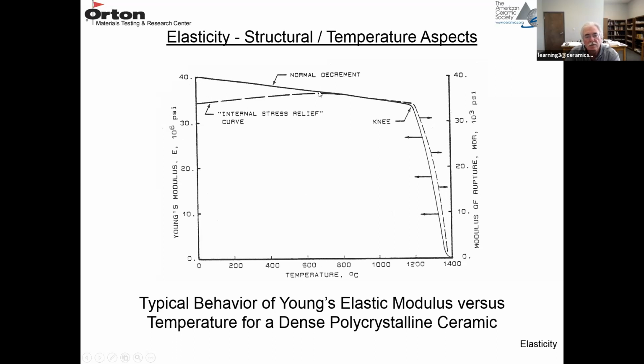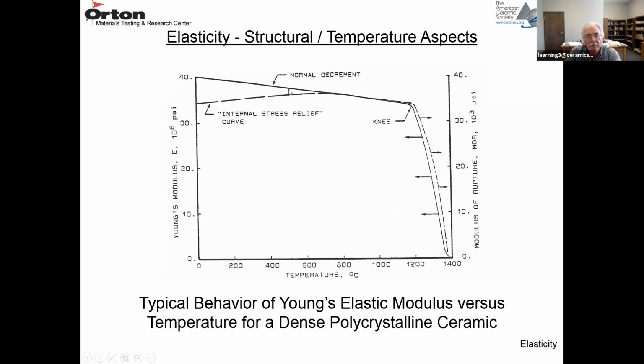For the strength, which is this dashed line, the strength sometimes shows a little maximum in the curve here. So it may rise a little bit, or maybe it may have a substantial rise. Then it starts to decrease normally, and then it falls off rapidly when there's plastic deformation.